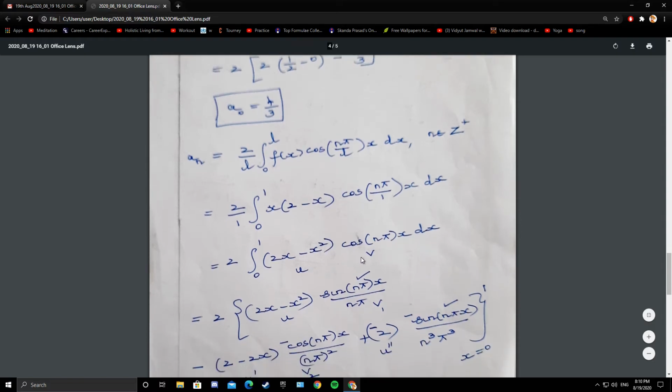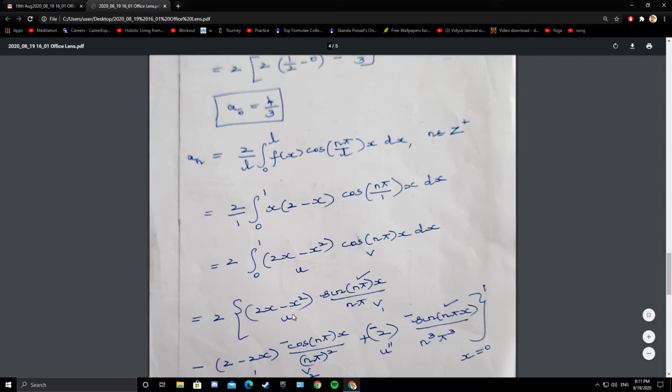Now do Bernoulli integration. Take u as 2x minus x square, v as the cosine function. Always u is the polynomial function, v is the other function. So u is 2x minus x square, v is cos of n pi x.